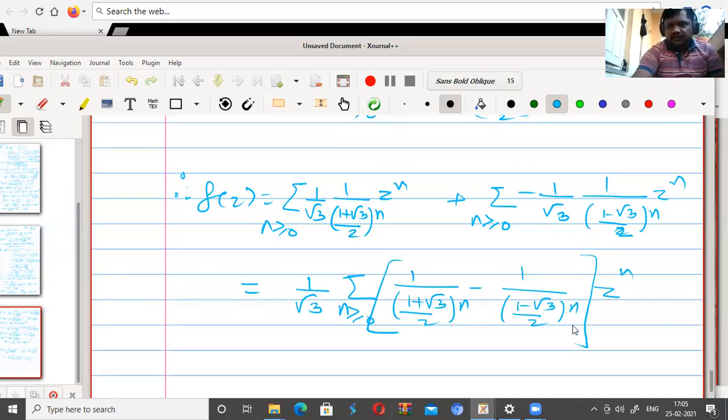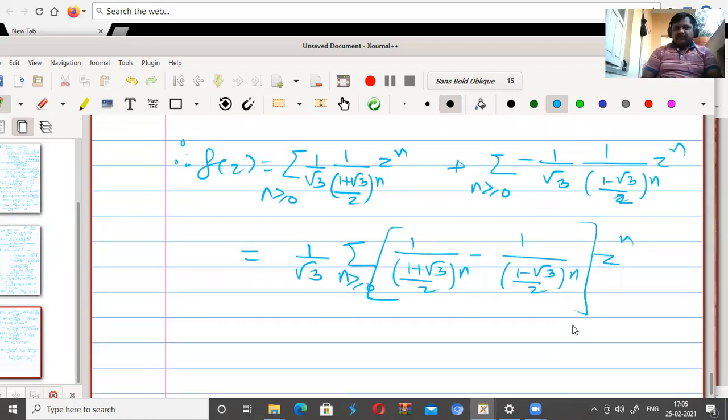Okay, you can again simplify this by taking the product of these two and cross multiplication, but this is also sufficient. So this is the Taylor series expansion of f of z about z equal to 0.